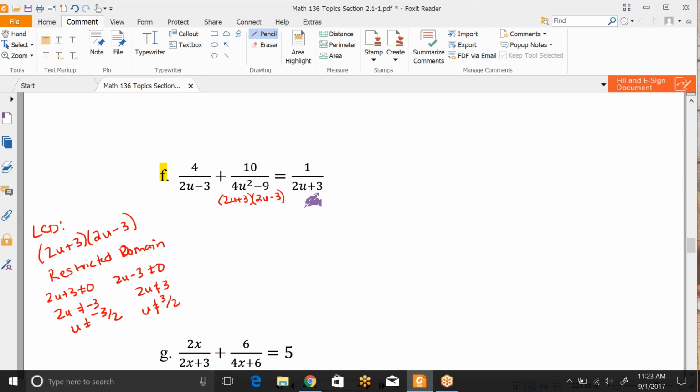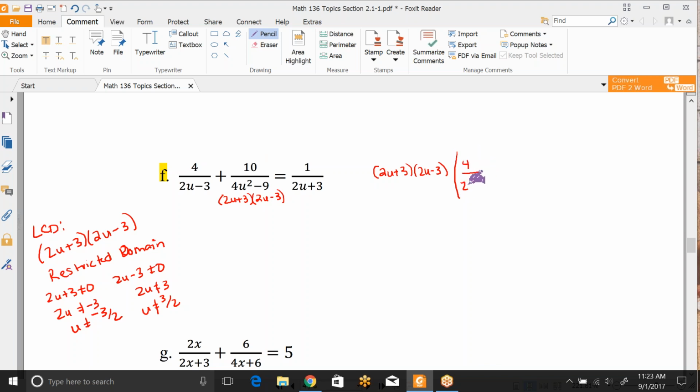Your next step in this type of problem is to remember, try to clear out the fractions. Since we have an equal sign, that is allowed. So we're going to take our LCD of 2u plus 3, 2u minus 3, and we're going to multiply it by each fraction and each piece of this equation.